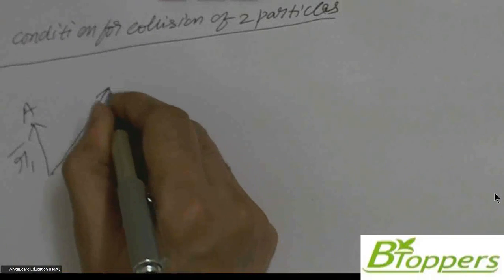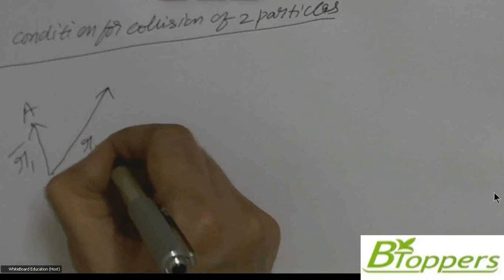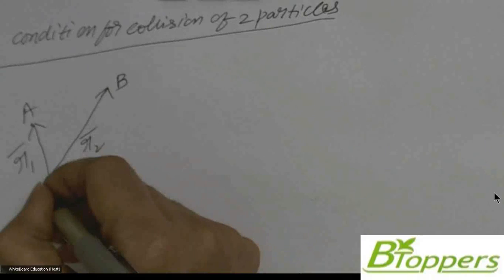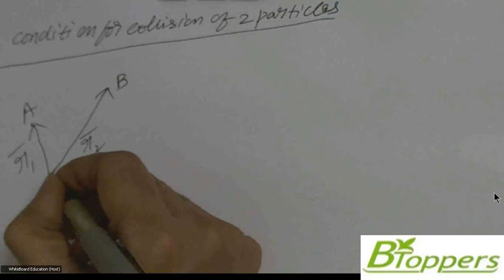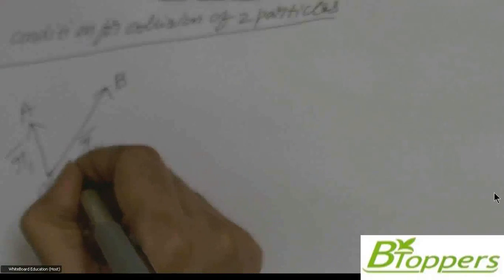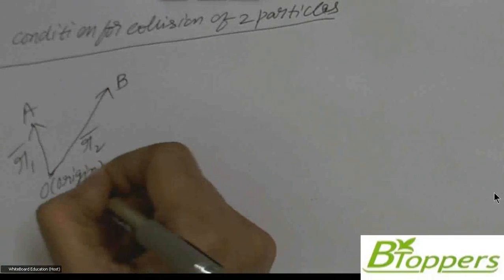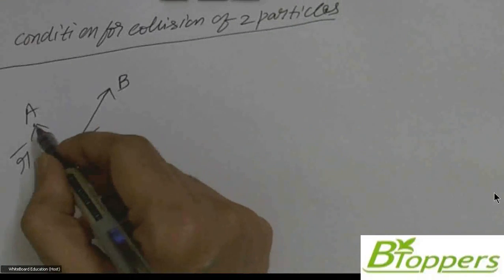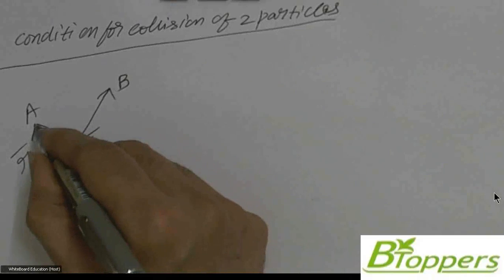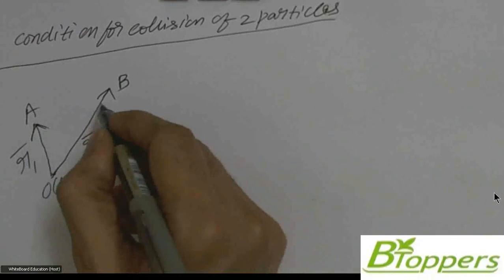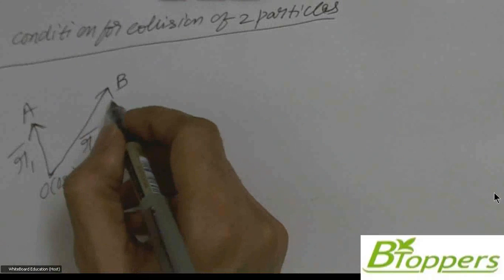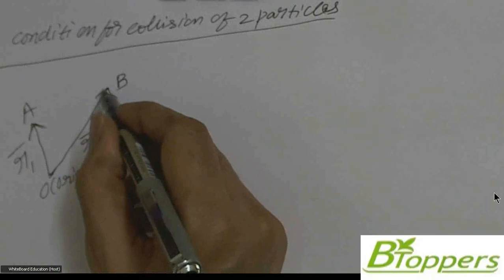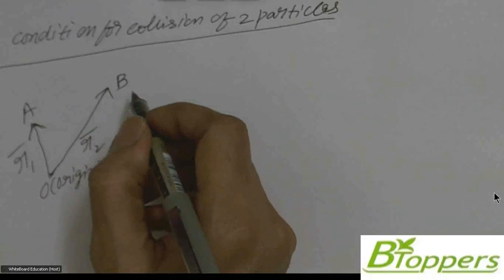Let R2 bar denote the position vector of another particle at a particular instant. That means one particle is at the point A with position vector R1 bar. At the same instant, the second particle is at the point B with position vector R2 bar.